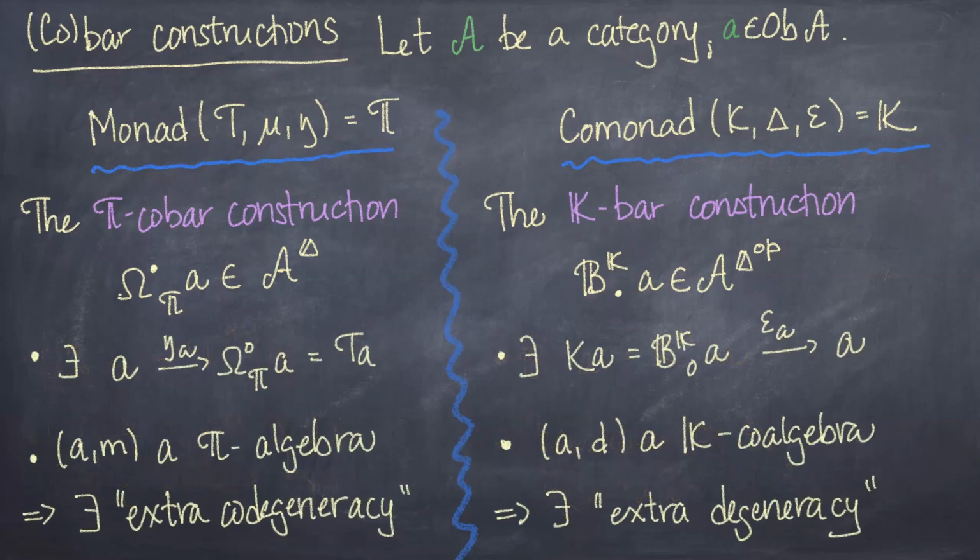So one thing to note is that there's a map from the object A that we start with into the bottom of either the co-bar construction or the bar construction.